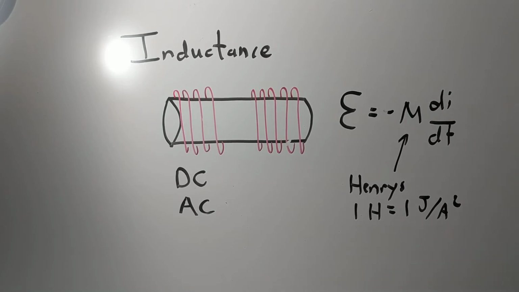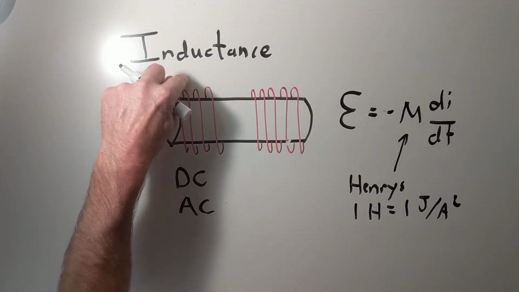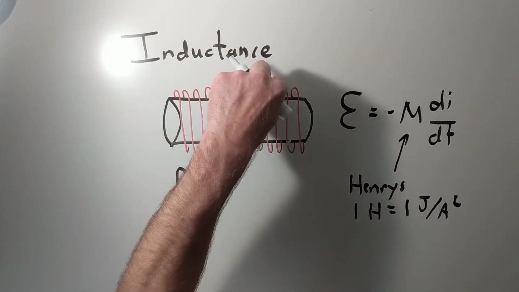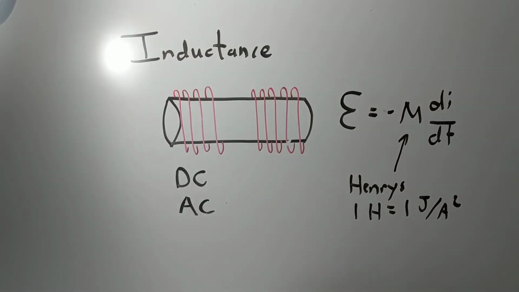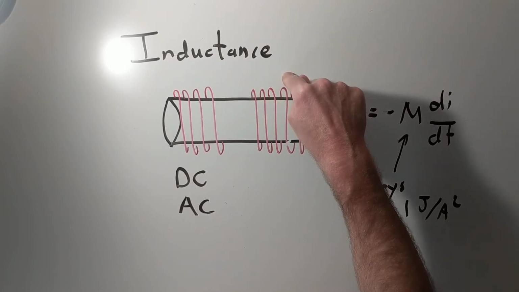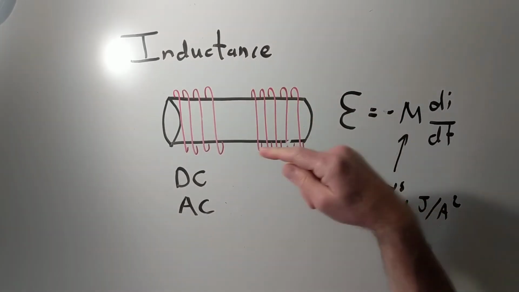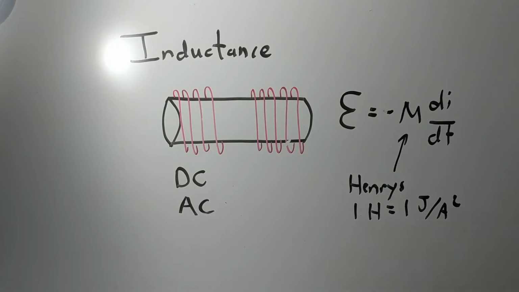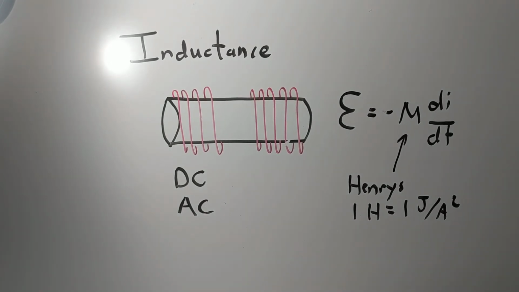Now, one of the things you saw last year with transformers is because you would see that this has fewer loops than this, then the voltage produced in this side of coils would actually be larger than the voltage that's produced here. And we'll see that in just a minute with transformers.